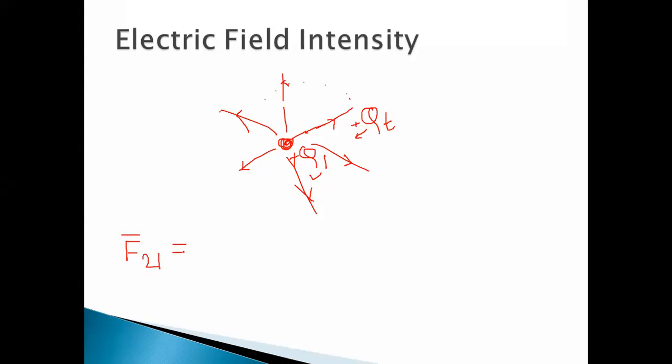F bar 21 is equal to Q1 Q2 divided by 4 pi epsilon 0 R12 square, into unit vector A bar 12.